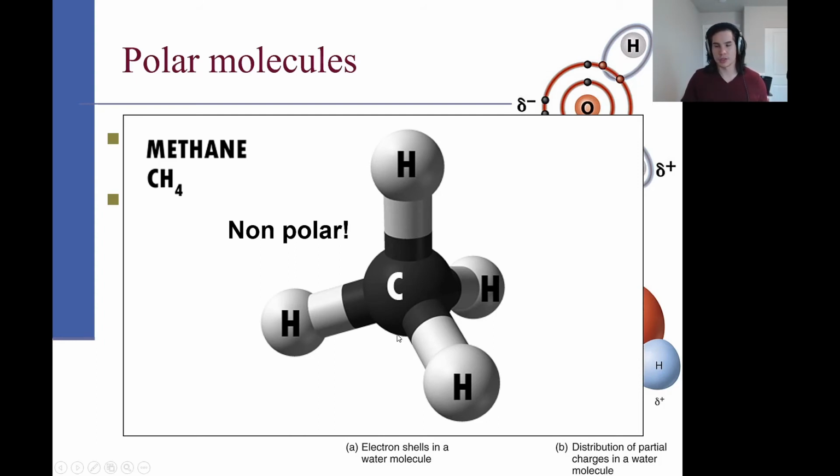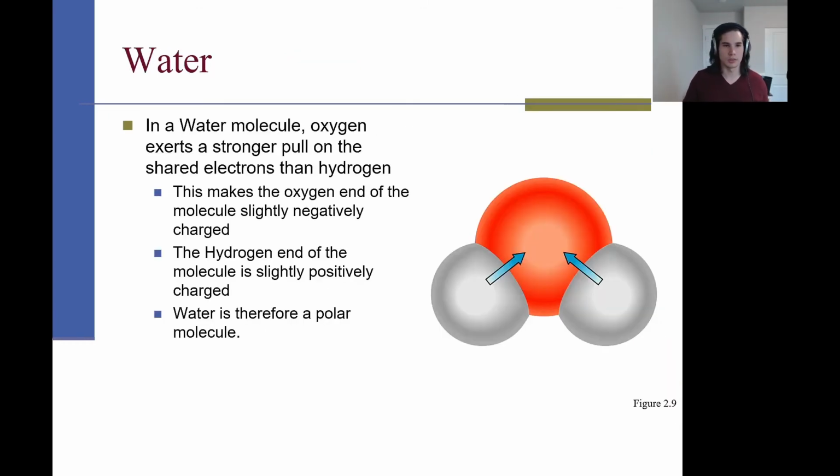So most of your fats, they're going to be nonpolar. So methane and any kind of fat, they would dissolve and they would become kind of homogeneous in a solution. Whereas water and salt, for example, and we'll talk about that, they become kind of homogeneous. You can't really distinguish between the water and the salt if everything is dissolved.